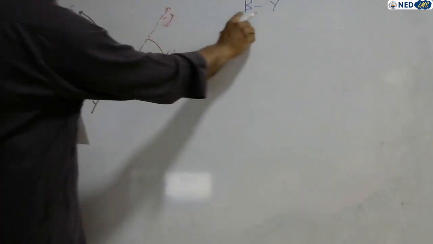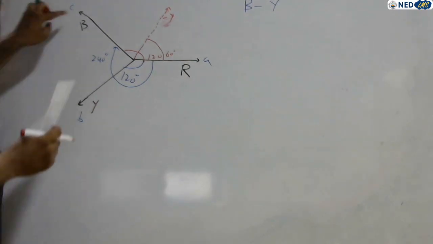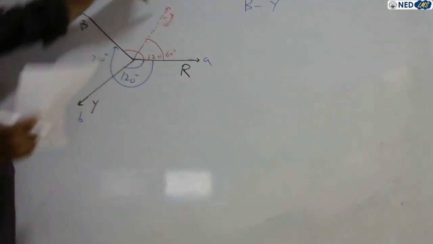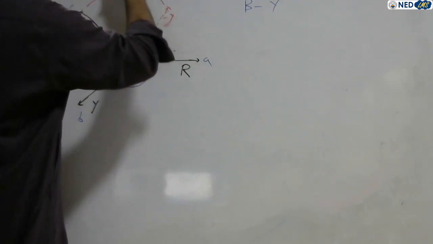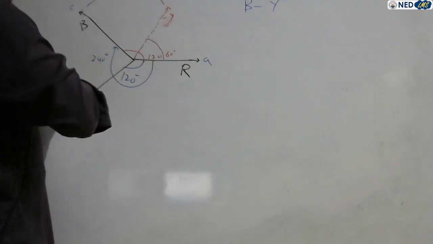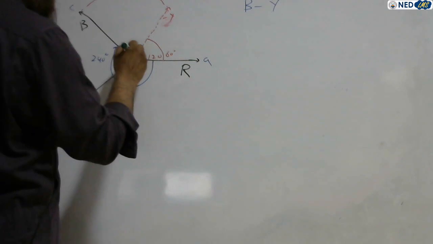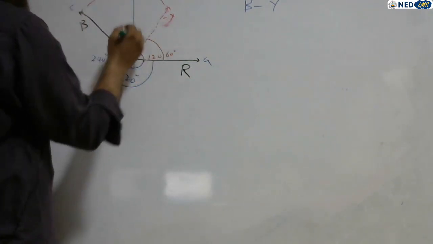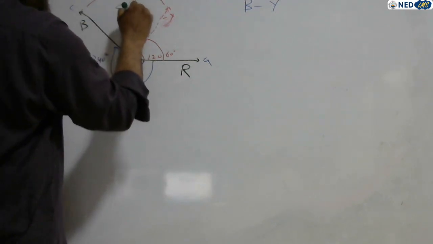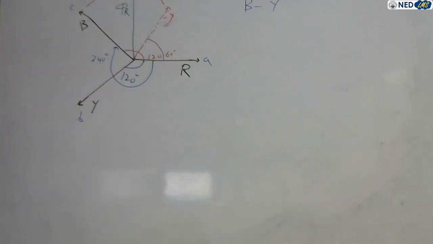So we add blue positive with the yellow negative, and their equivalent comes over here. This is the resultant vector, blue minus yellow. And what were the others?